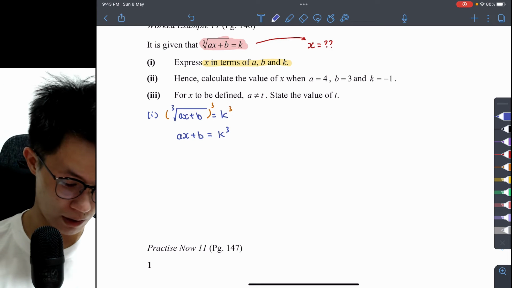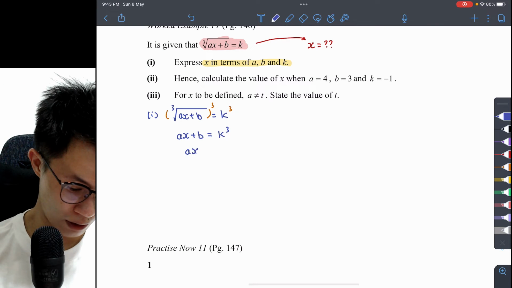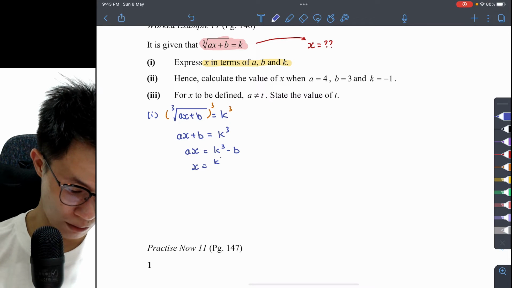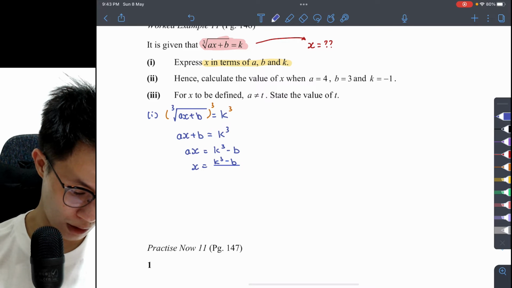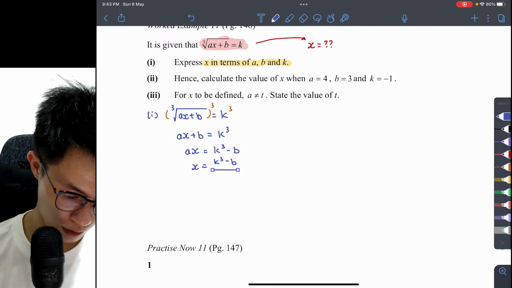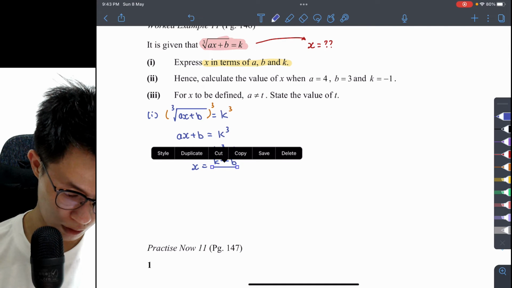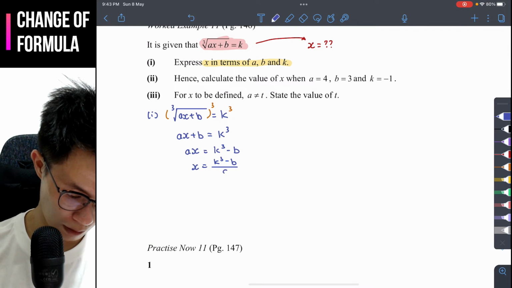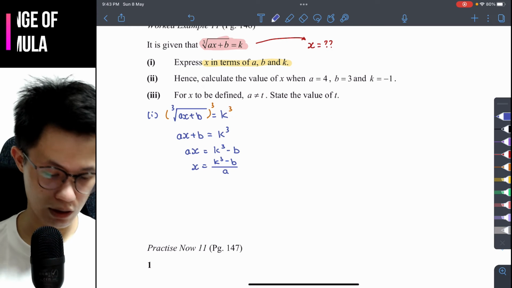Okay, now it's simple already. I want to make x my subject, right? So it will be ax equals to k cubed minus b, and subsequently x is equals to k cubed minus b divided by a. Okay, and that's it.